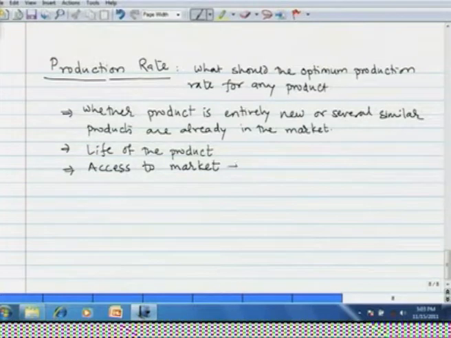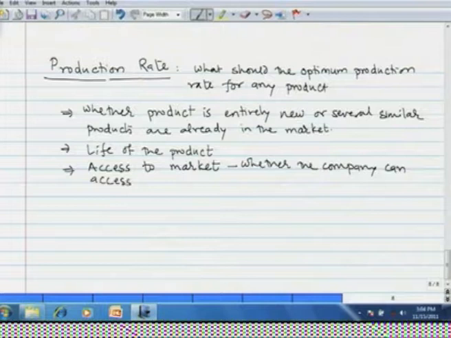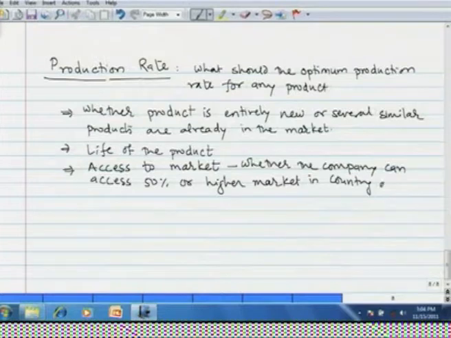Okay. Whether the company can access 50% market or higher in the country or only 5%.